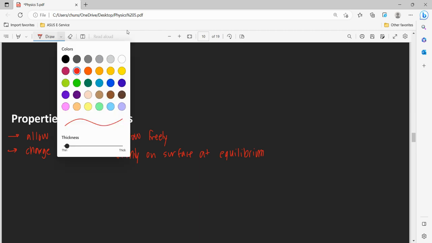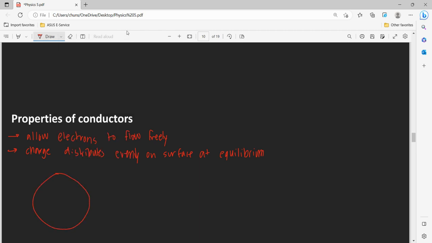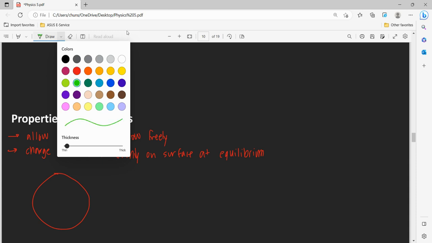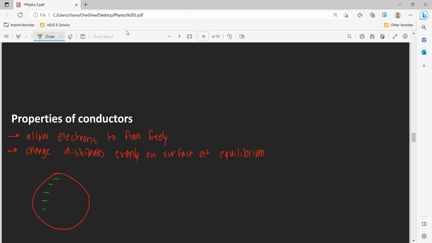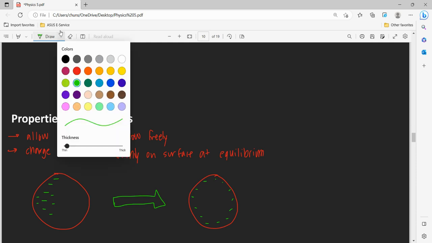Right, so if you have a charged conductor, and initially you put a lot of charge just concentrated on one side, eventually, as time moves on, as they're allowed to move within the conductor, because they are able to do that because of a conductor's properties, then they will become evenly spread on the outside of the surface.